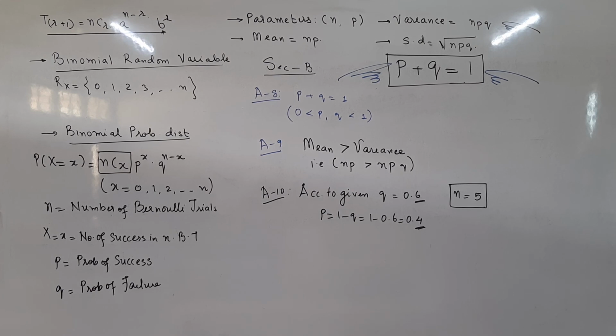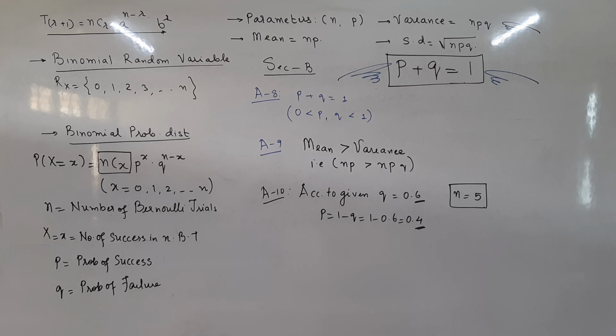Now, students, pay attention. Section C, we are doing question 5. Define Bernoulli trials. Okay, students, this is already done. We have already clearly defined the definition of Bernoulli trials.